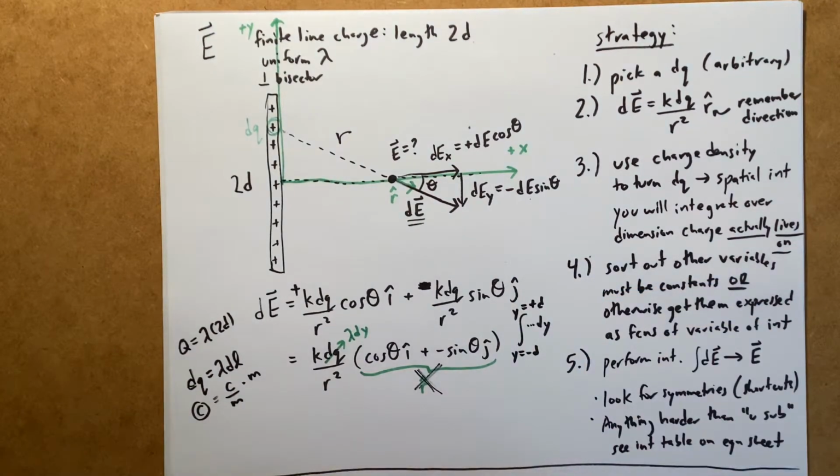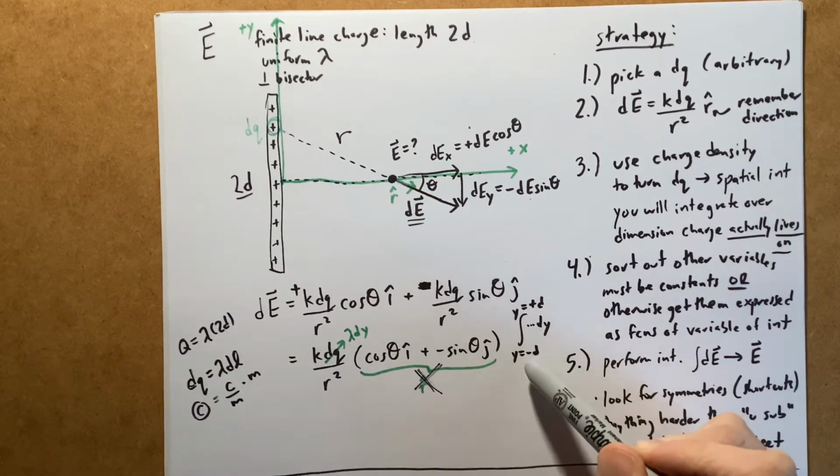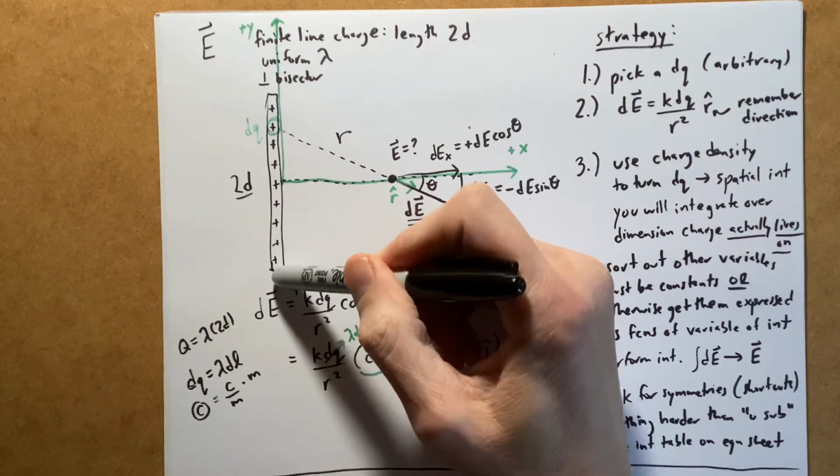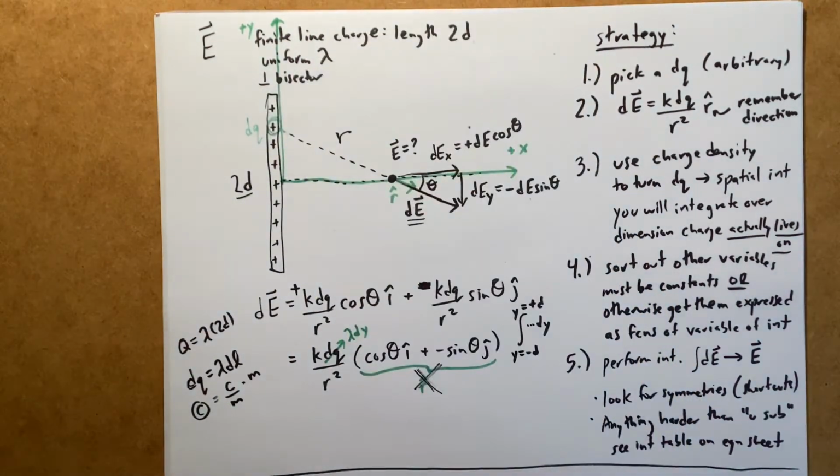And now you're probably getting a sense of why I defined the length of this whole thing as 2d, because it makes my integration bounds a little nicer: I can integrate from y equals minus d, where the charge starts over here, all the way up to y equals plus d, where it stops over there. That is what you'll always integrate over. You will integrate over some spatial dimension just to get where all the charge actually exists. So there should be no mystery as to what dimensions you are integrating over.